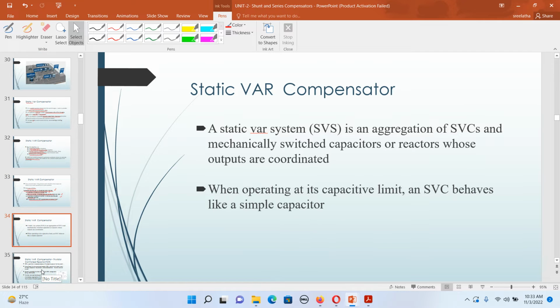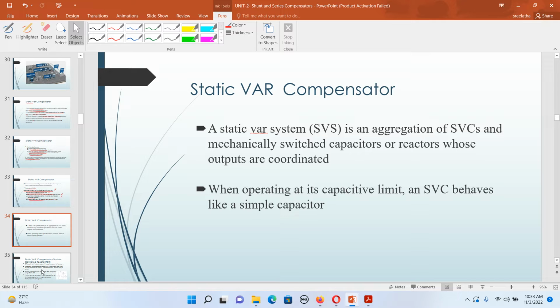And then the SVS is an aggregation of SVCs and mechanically switched capacitors whose outputs are coordinated. SVS means static var system. Whenever somebody calls something a system, it means it has some other devices, especially devices we group together and call a system.